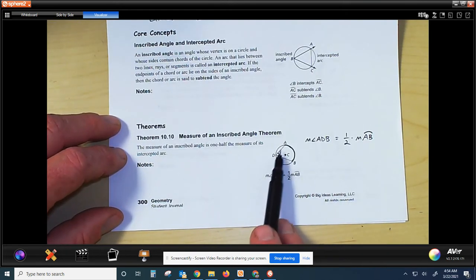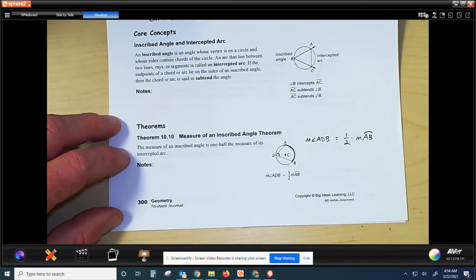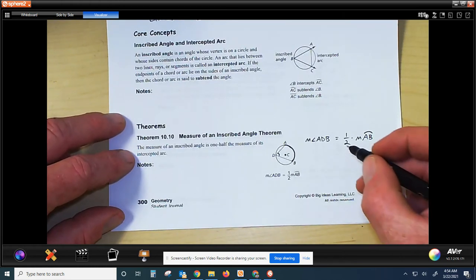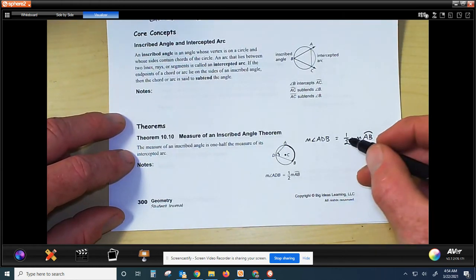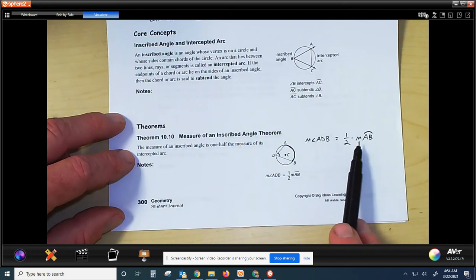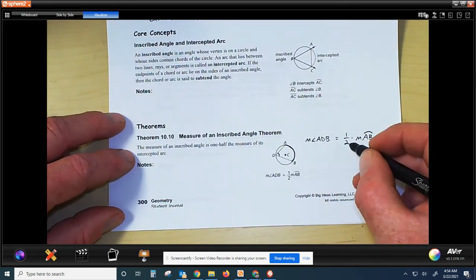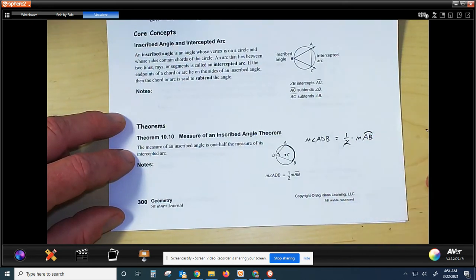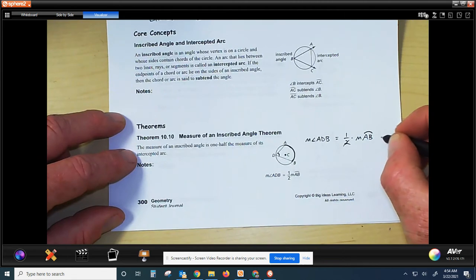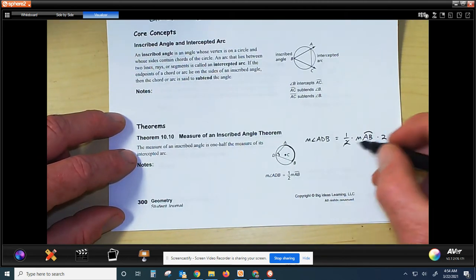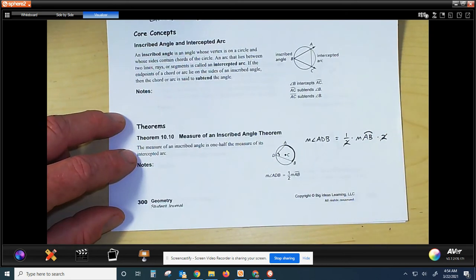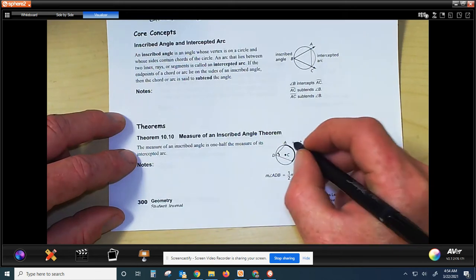If the angle's half the measure of the arc, then I can kind of flip that around for myself. Well, if I used algebra and I want to get rid of this 1/2, I want to solve here for the arc, I'm going to get rid of the 1/2 by multiplying times 2. Okay, and both of these 2's are going to cancel in algebra rules. I have to do it to both sides.